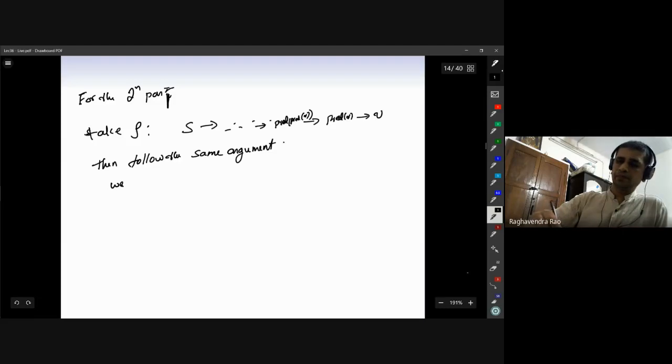So we get distance V is equal to weight of rho.